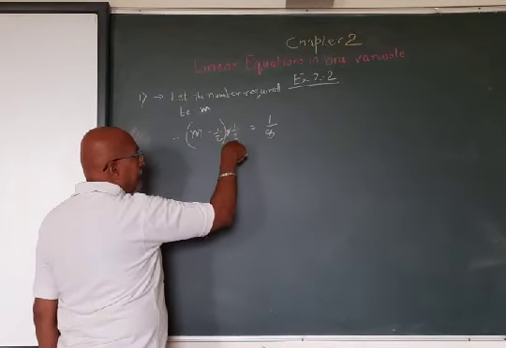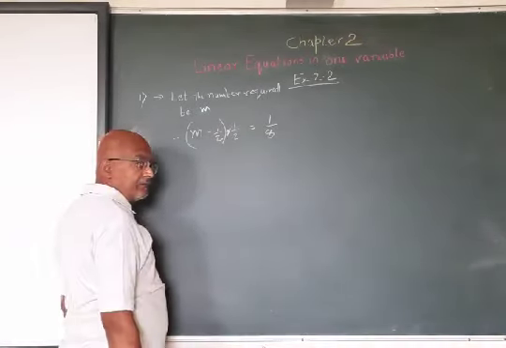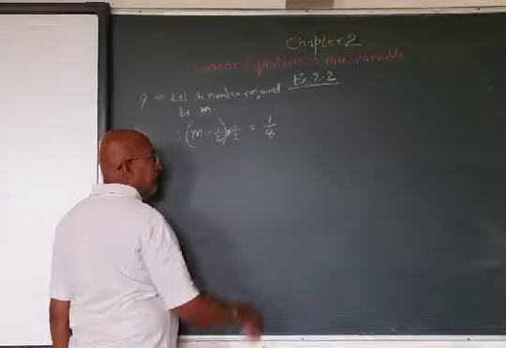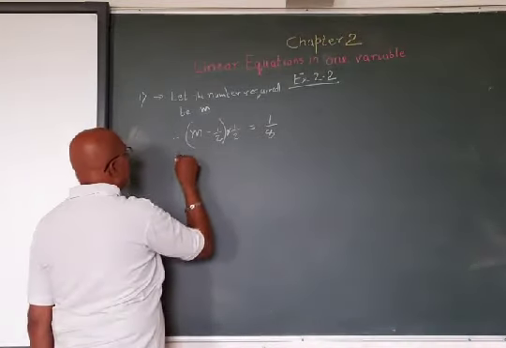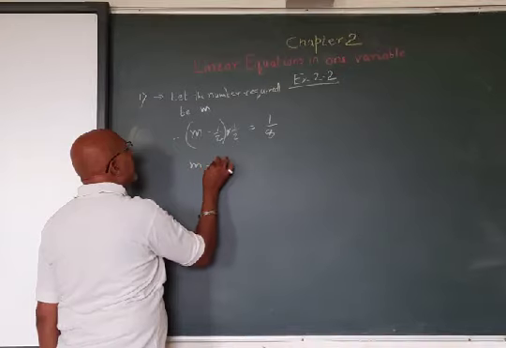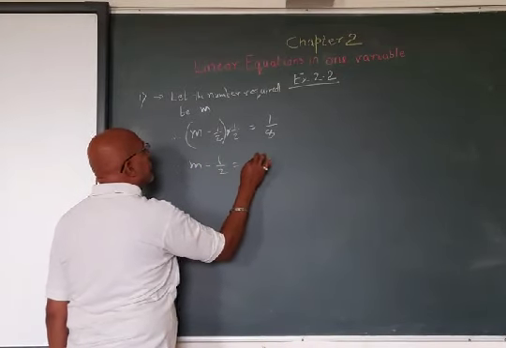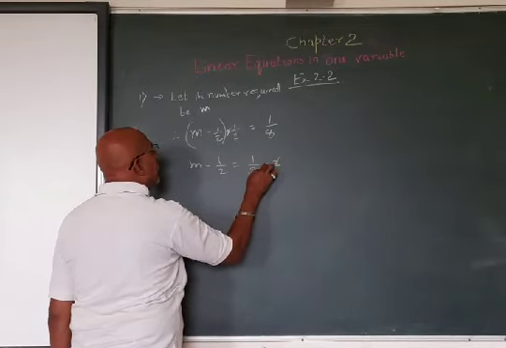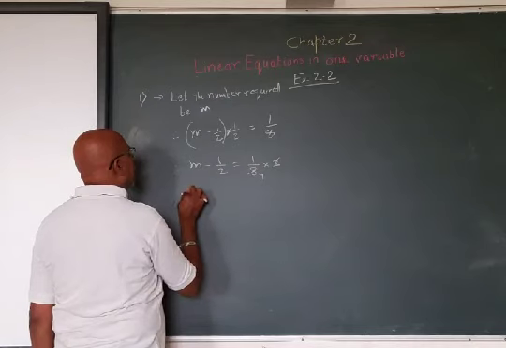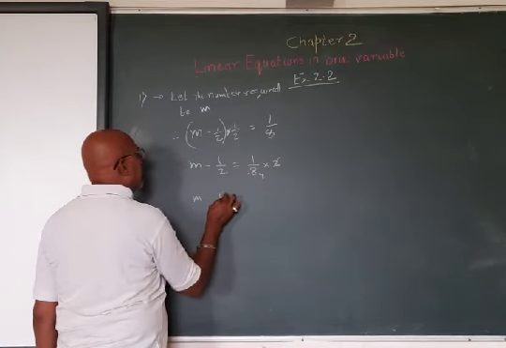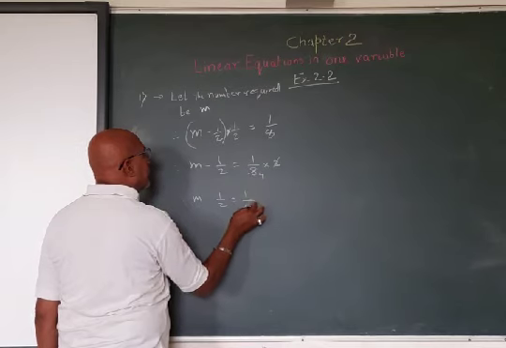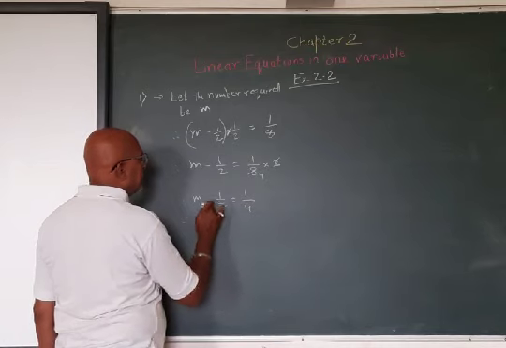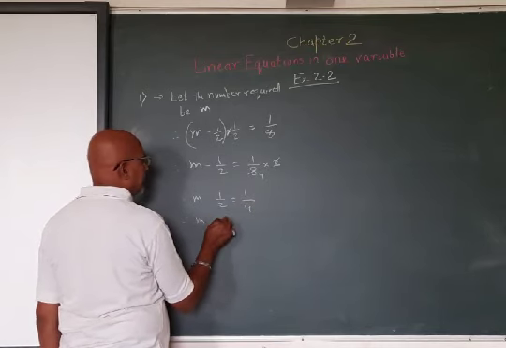As 1 by 2 is in multiplication, it can directly go to the other side. Therefore m minus 1 by 2 equal to 1 by 8 multiplied by 2. 2 1 the 2, 2 4 the 8. So we get m minus 1 by 2 equal to 1 upon 4. Now this minus will transfer to that side, so it becomes plus.